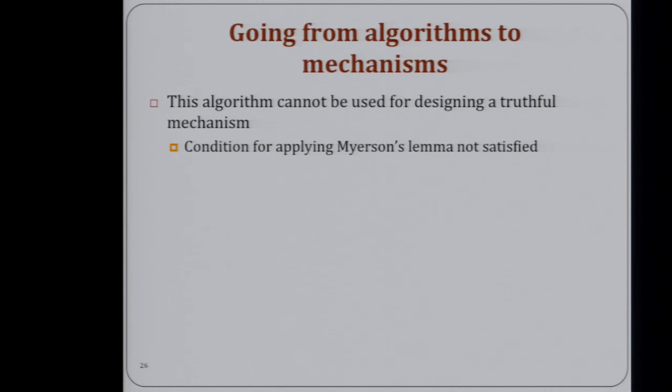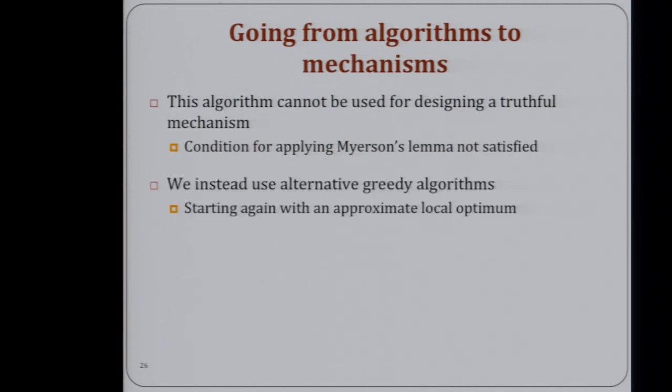In particular, if someone is accepted by the algorithm by reporting a cost Ci, then this person should also be accepted if he reports a lower cost. This is Myerson's lemma, essentially. This property does not hold for the algorithm I presented. So we're into problems again. How do we fix this?